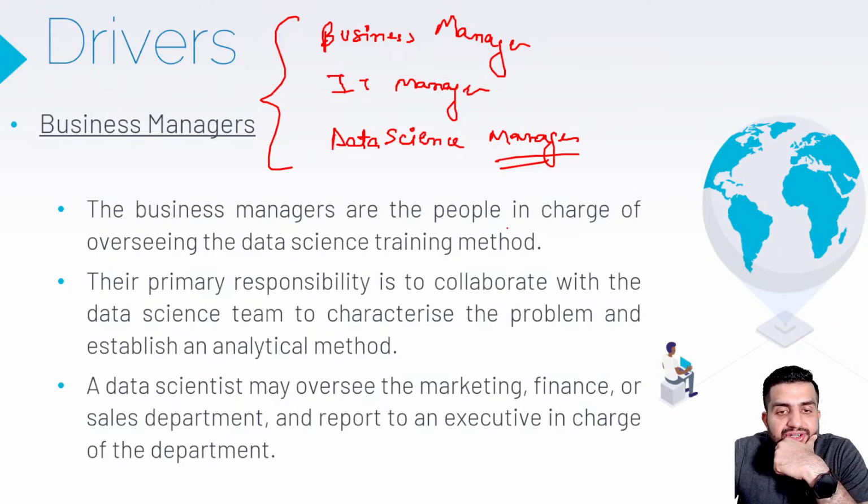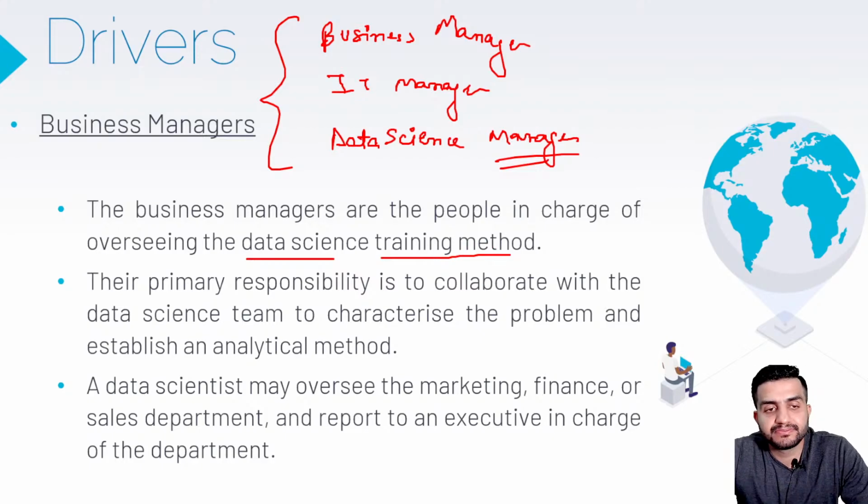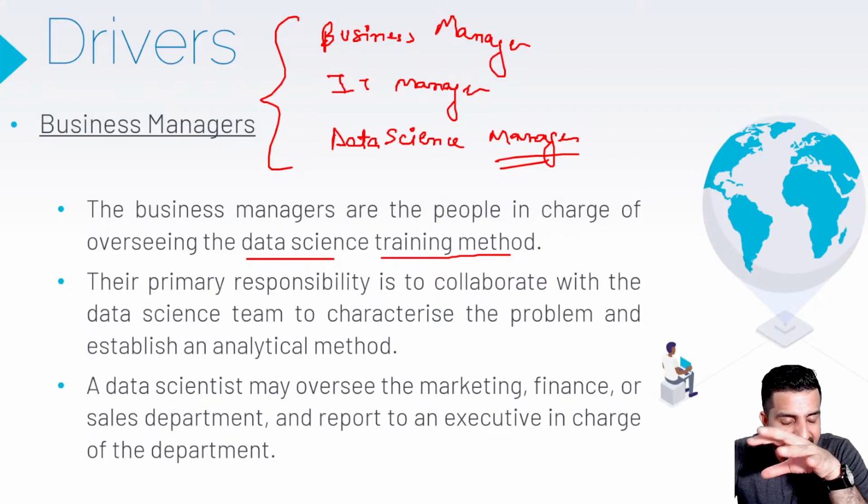Business managers are the people in charge of overseeing the data science training method. Their prime responsibility is to collaborate with the data science team to characterize the problem and establish an analytical method. Data scientists may oversee the marketing, finance, or sales department and report to an executive in charge of that particular department.